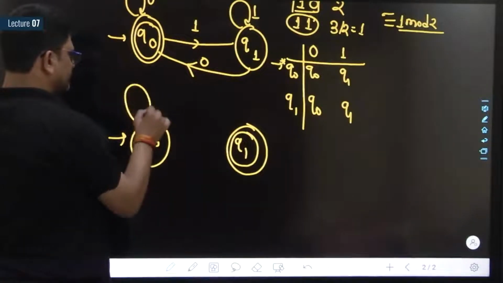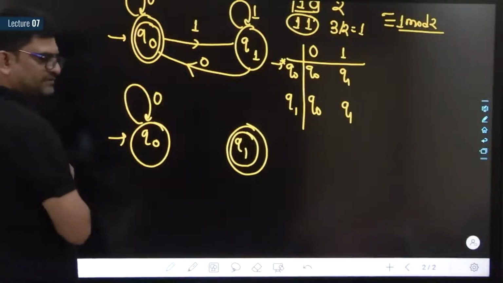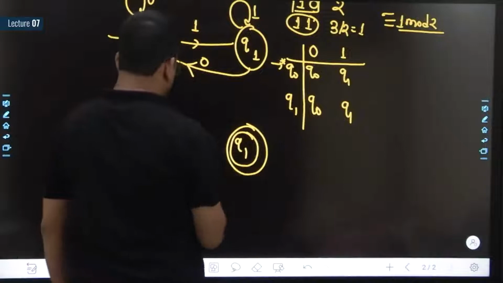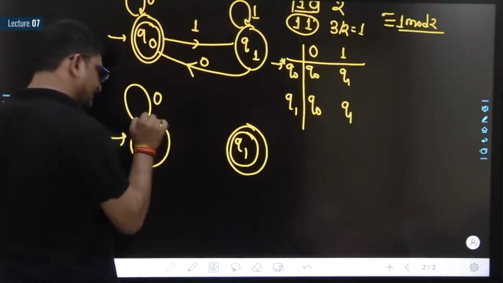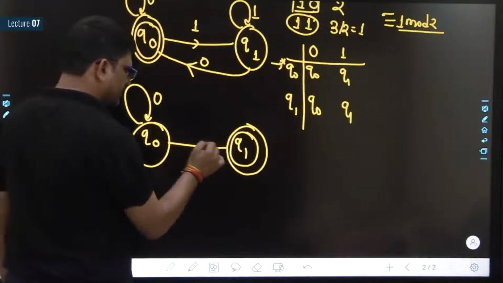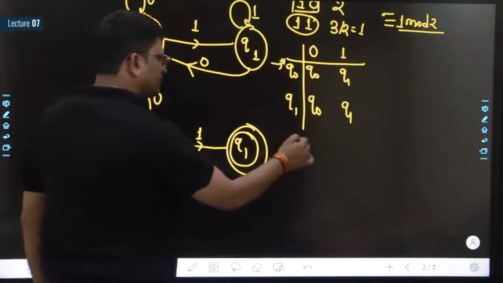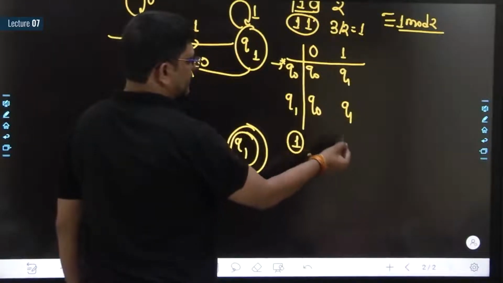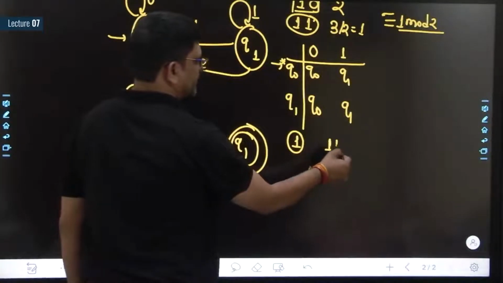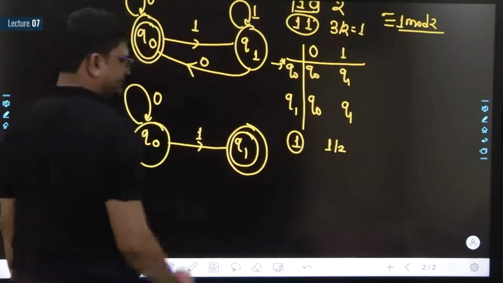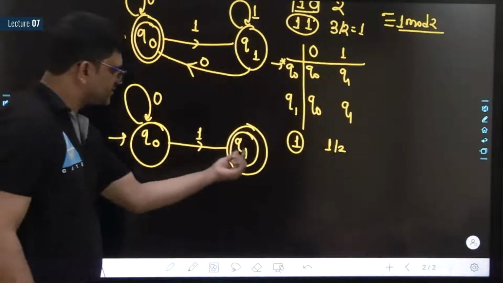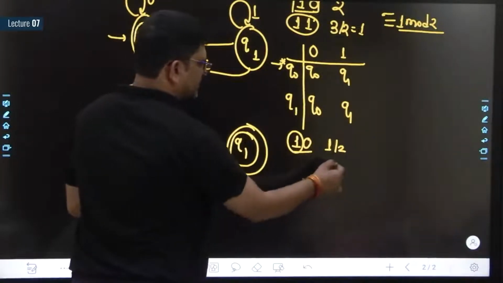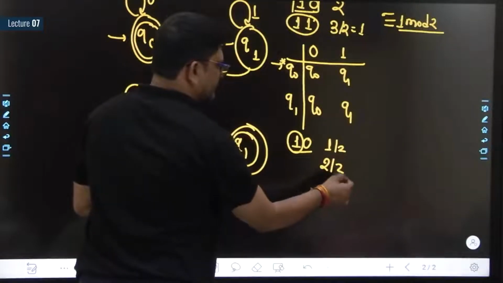On seeing a 0, same state. On seeing a 1 in this state, it goes into the final state. The binary number 1 converted into decimal is 1. 1 divided by 2, remainder 1. When we see 0 after 1, the decimal number is 2. 2 divided by 2, remainder 0.